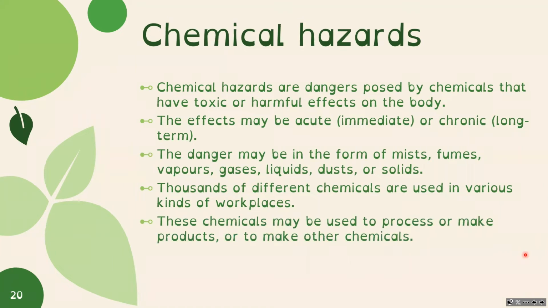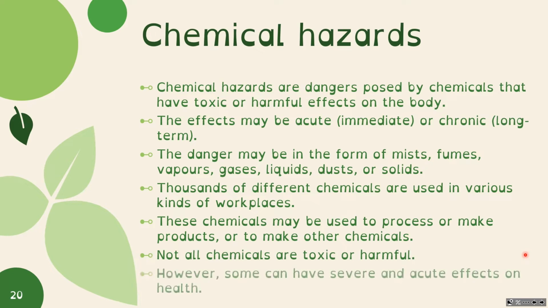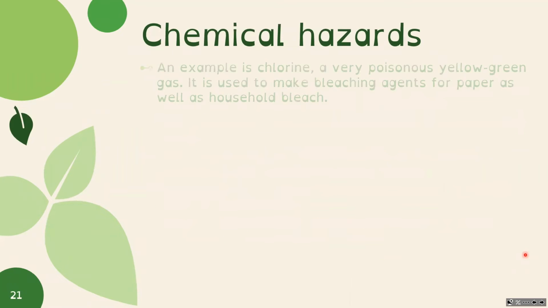These chemicals may be used to process or make products or to make other chemicals. Not all chemicals are toxic and harmful, but we need to know the difference. We can't assume one way or the other. However, some can have severe and acute effects on health. So this is why it's really important to know what you're working with.